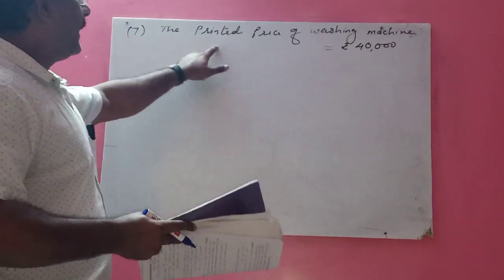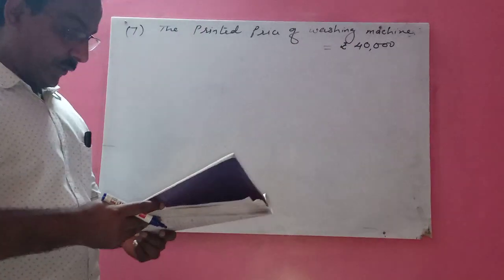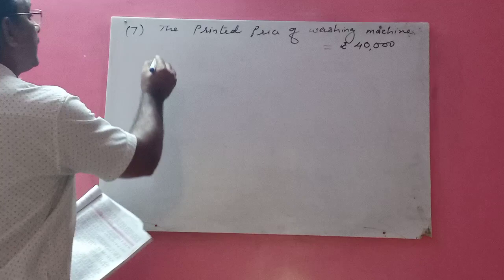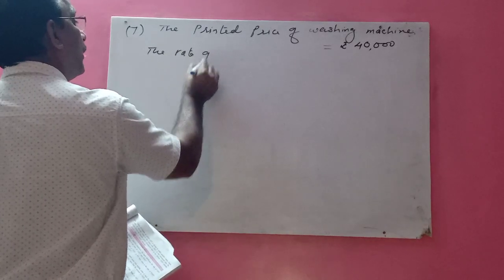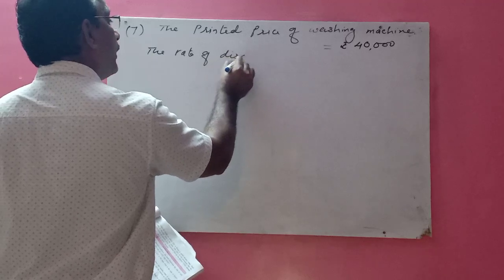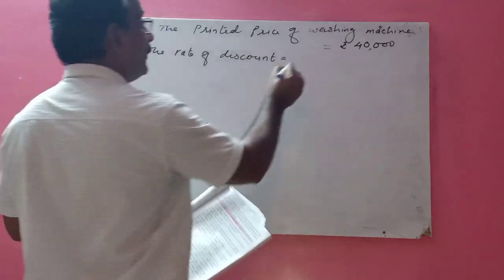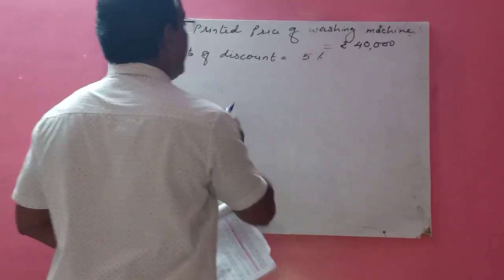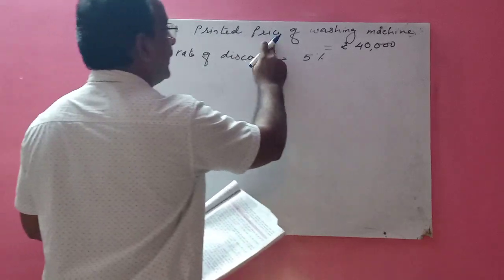The printed price of the washing machine is rupees 40,000. And the rate of discount, children, the rate of discount is given how much? It is 5%. So this is the discount that Prasad will get on the printed price.